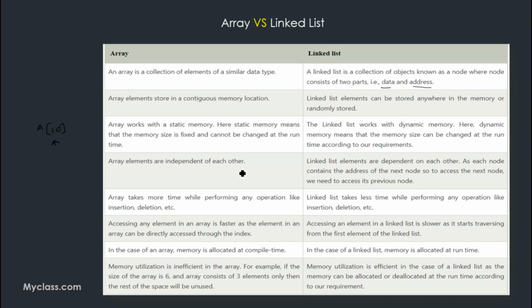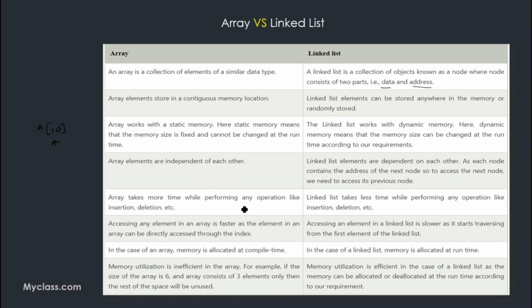Array elements are independent of each other, because the first element does not know the details of the second element. Basically it is in the next memory location, but the element does not hold any information about the second element. But linked list elements are dependent on each other, as each node contains the address of the next node. So to access the next node, we need to access its previous node.